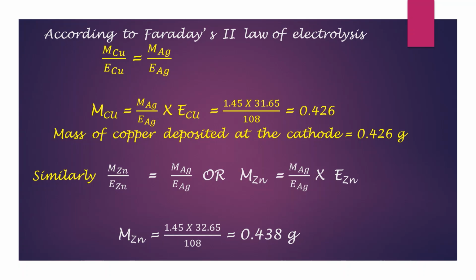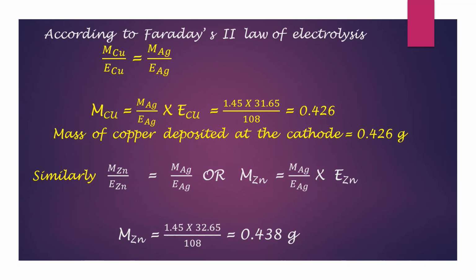So M_Zn equals 1.45. 1.45 is the mass of silver that is deposited, and then E_Zn is 32.65 that we have calculated earlier, divided by E_Ag, 108, that we have also calculated. So 1.45 into 32.65 divided by 108 will give 0.438 gram.